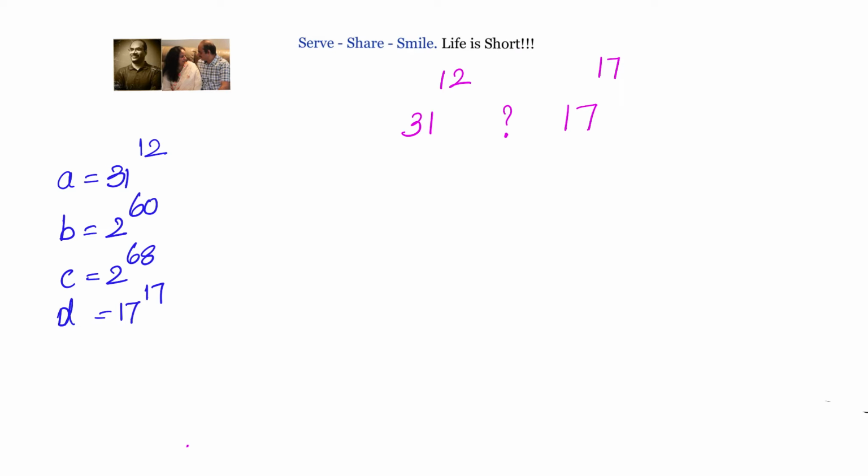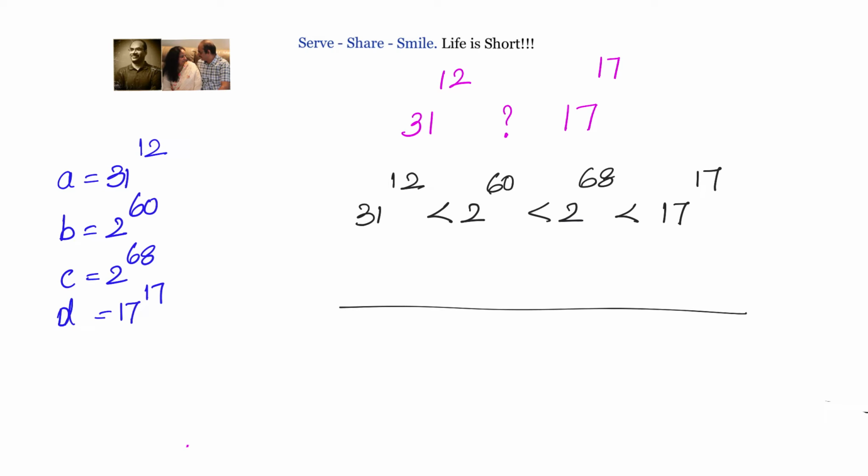Now we established that 31 to the power of 12 is less than 2 power 60. We know very clearly that 2 power 60 is less than 2 power 68. We again got that 2 power 68 is less than 17 to the power of 17. So if we take a number line, we have 31 to the power of 12 here, 2 power 60 here, 2 power 68 here, 17 to the power of 17 here, going towards infinity.